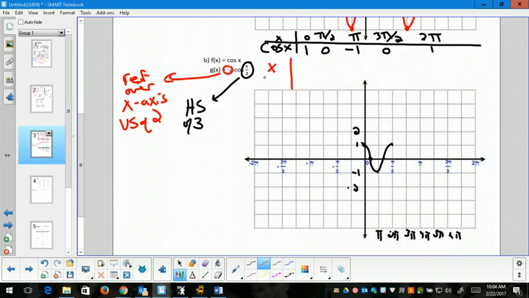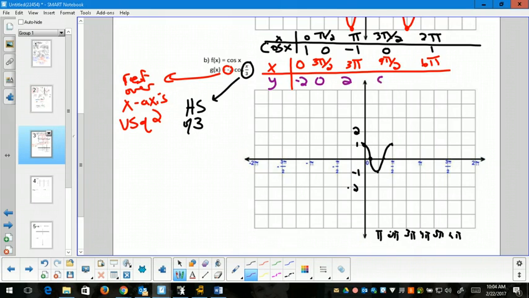So my x's are actually 0, 3 pi over 2, 3 pi, 9 pi over 2, and 6 pi. And my y's I have to multiply by -2, so they become -2, 0, +2, 0, -2.